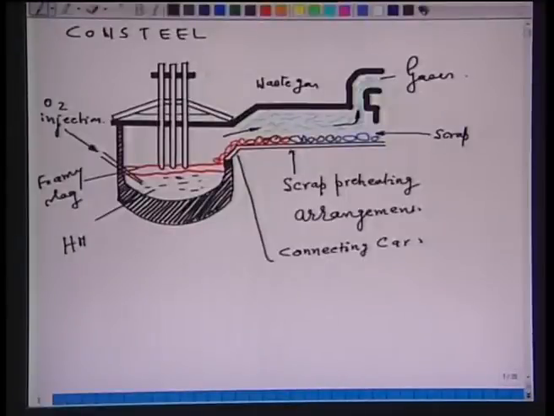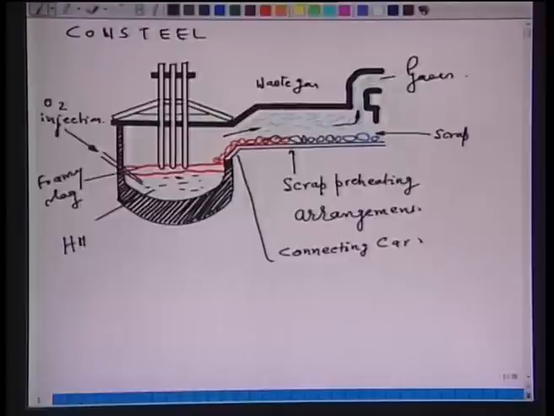Now, it looks very easy, but there are several complications or intricacies involved. One of the main intricacies is that you have to connect the electric arc furnace with the scrap preheating arrangement. Second, you have to optimize the length of this scrap preheating section, such that the desired temperature of scrap could be attained, because the gases are moving continuously and the scrap is also moving continuously. So, it is the residence time of the waste gas in the preheating section that will decide the temperature to which the scrap could be preheated.